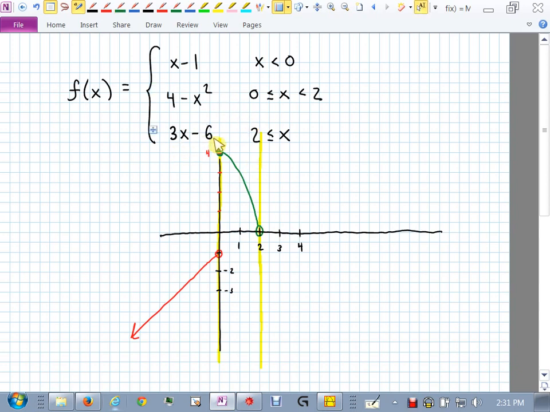Then you have this. What's this? 3x minus 6 is a line, right? Slope is 3, y-intercept is -6. Now I could do that, right? Come way down here and graph a line. But tell me, what would the value be at 2? It'd be 0, wouldn't it? So I'll draw this one in blue. So at 2, we should be at 0, so I fill in a solid dot there, don't I?